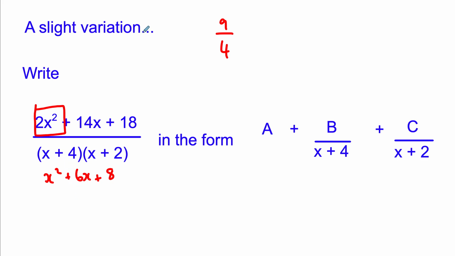And if that happens, when you split your partial fractions, you won't just have an a over x plus 4 and a b over x plus 2. You will have an integer term by itself as well, in the same way that this would be written as 2 whole ones and a quarter. So this is acting as the integer part, the 2 plus the fraction.